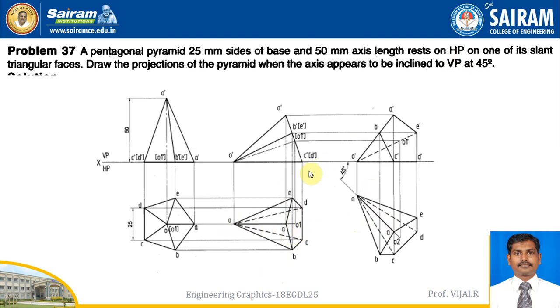If you make it here, the bottom will come from this location. So better we incline it in the same direction, so that the axis will be here and the bottom face comes here. So this is the front view of it. I hope you have understood the problem.